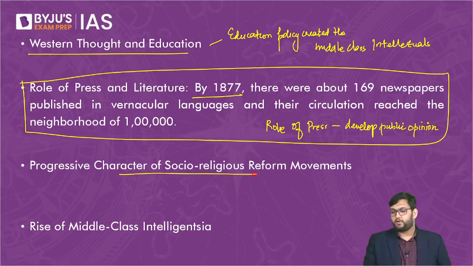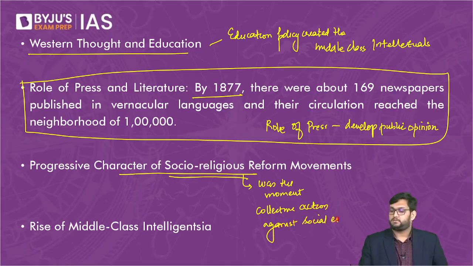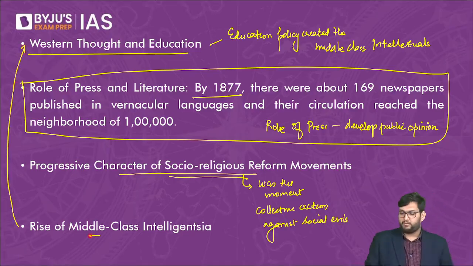The social justice reform movement was the movement of collective action against social evils, and the role of the middle class intelligentsia, which came out of this whole process.